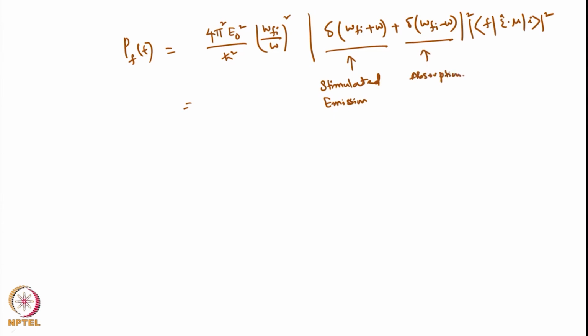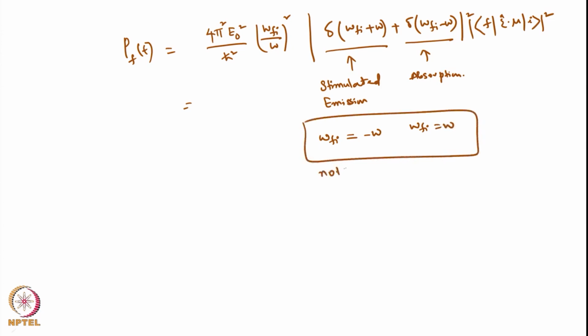Now it turns out that it is not possible for omega Fi to be positive omega and omega Fi to be negative omega simultaneously. So omega Fi equal to minus omega and omega Fi equal to omega is not simultaneous.